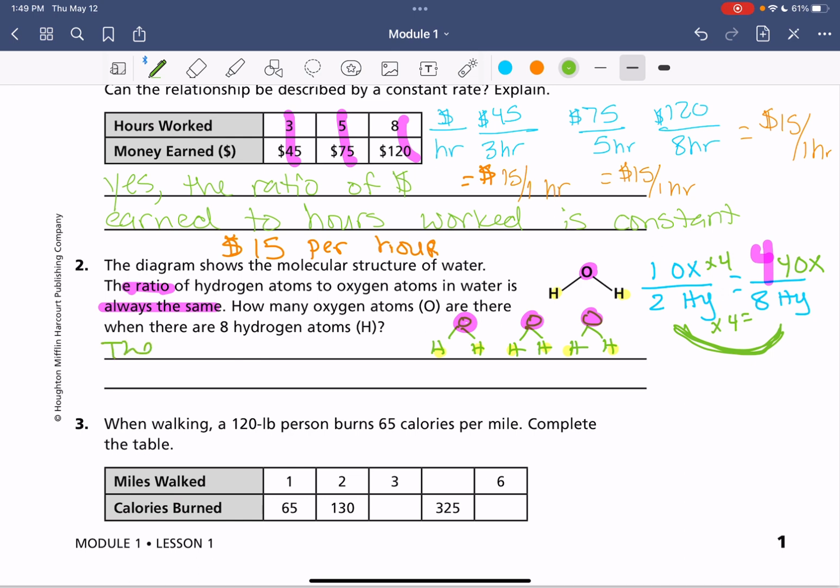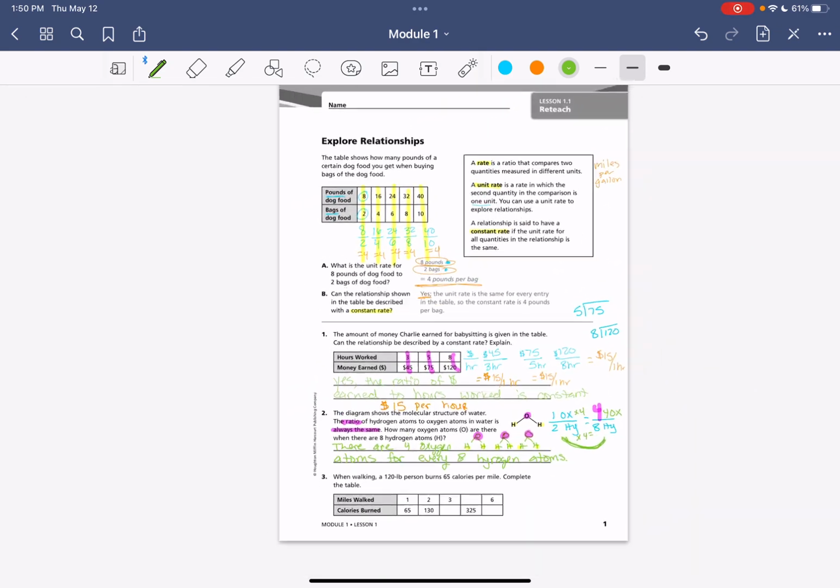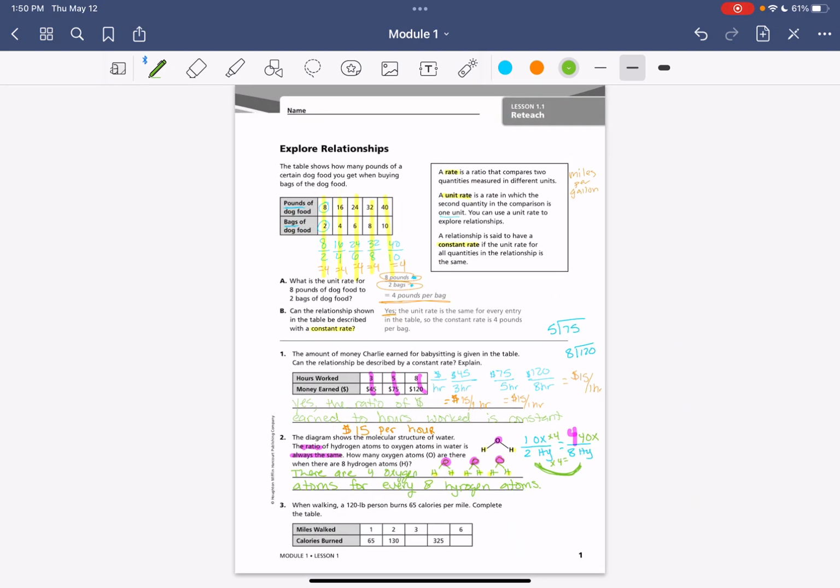So there are 4 oxygen atoms for every 8 hydrogen atoms. All right, and that is it for our lesson 1 from Module 1, grade 7.